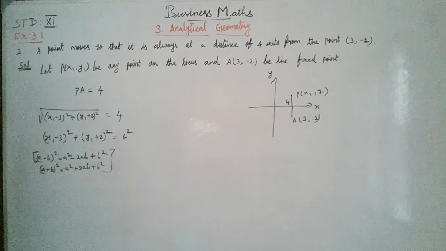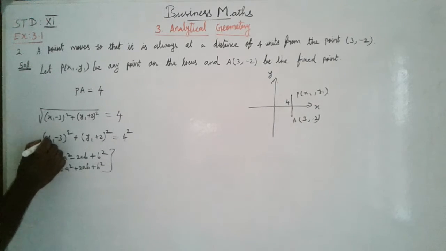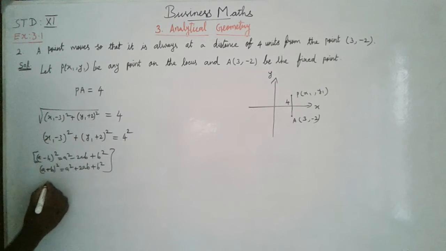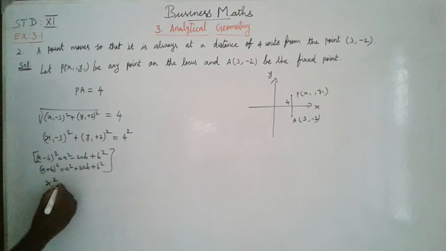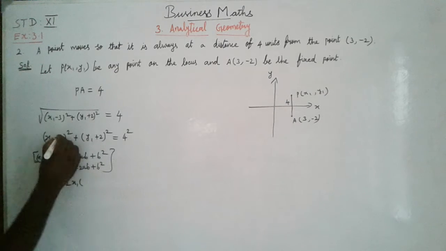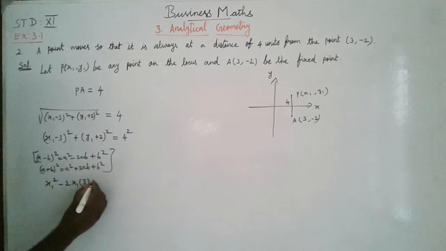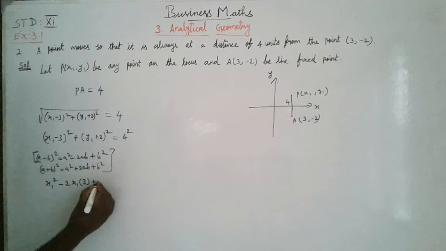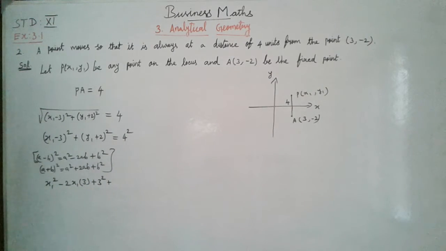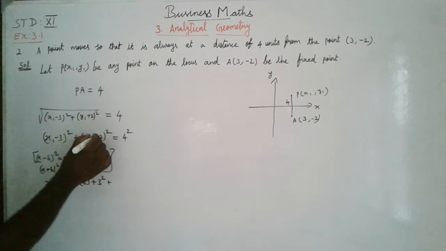So first, the (a minus b) whole square formula. a is x1, b is 3: a square, x1 square, minus 2ab, 2 into x1 into 3, plus b square, 3 square. Then the (a plus b) whole square formula: a is y1, b is 2.